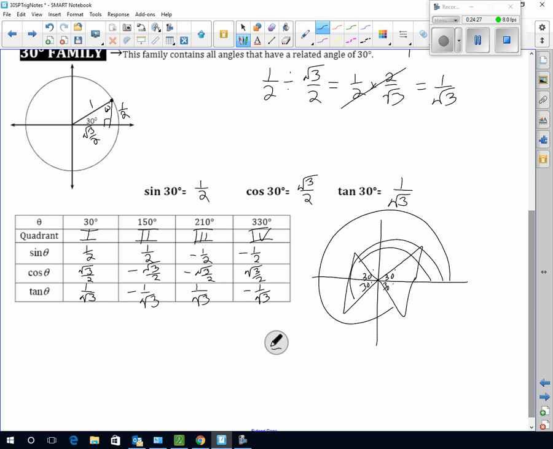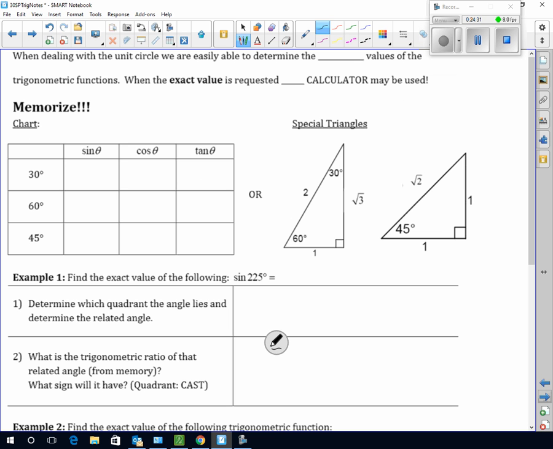Okay. When dealing with the unit circle, we are easily able to determine the exact values of the trig functions. When the exact value is requested, no calculator may be used.